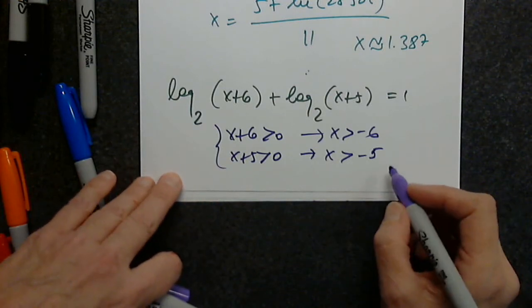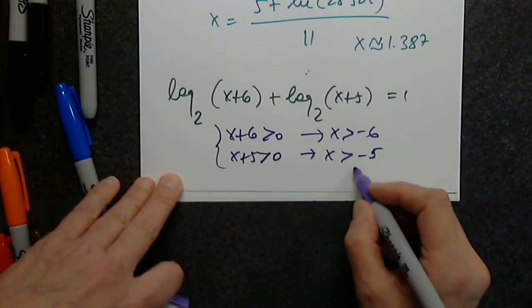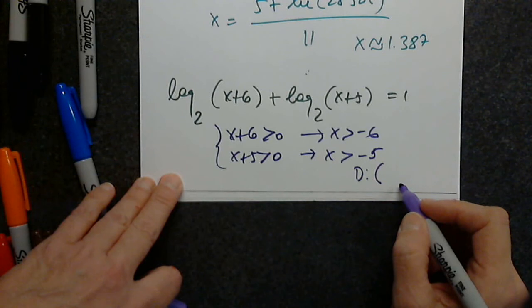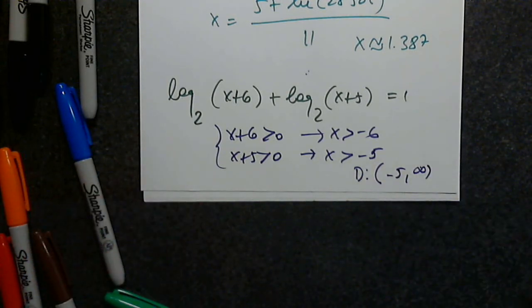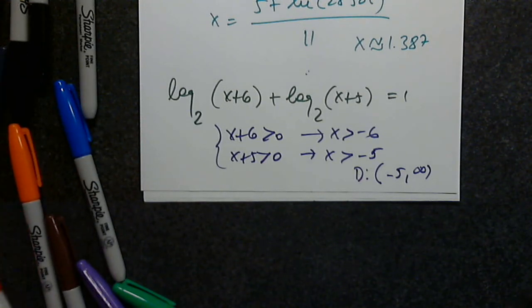So the solution must be between, yes, negative 5 to infinity. So let's do this again. From negative 6 to infinity and from negative 5 to infinity. Is that better? Yeah. Perfect. So if it's not a number greater than negative 5, it will not be accepted. Ready?